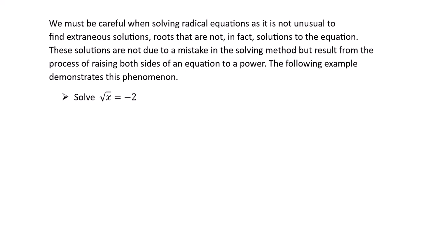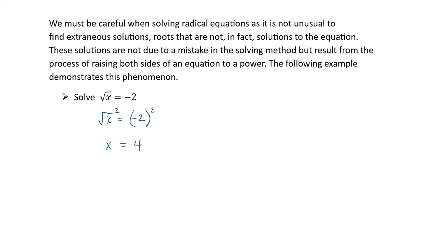Let's solve the square root of x equals -2. My strategy says to isolate the radical to one side. That's done. To undo the square root, we're going to square both sides. So I'm squaring the left side and squaring the right side. Then I have x equals 4.